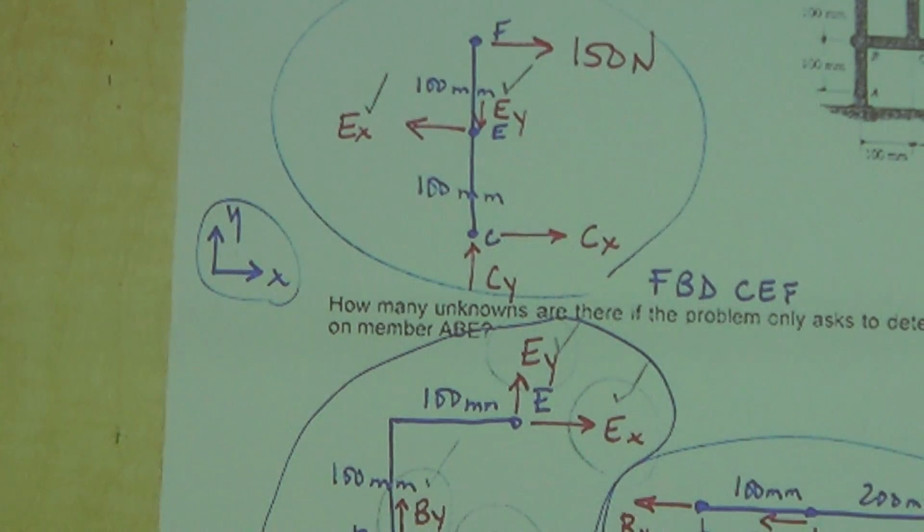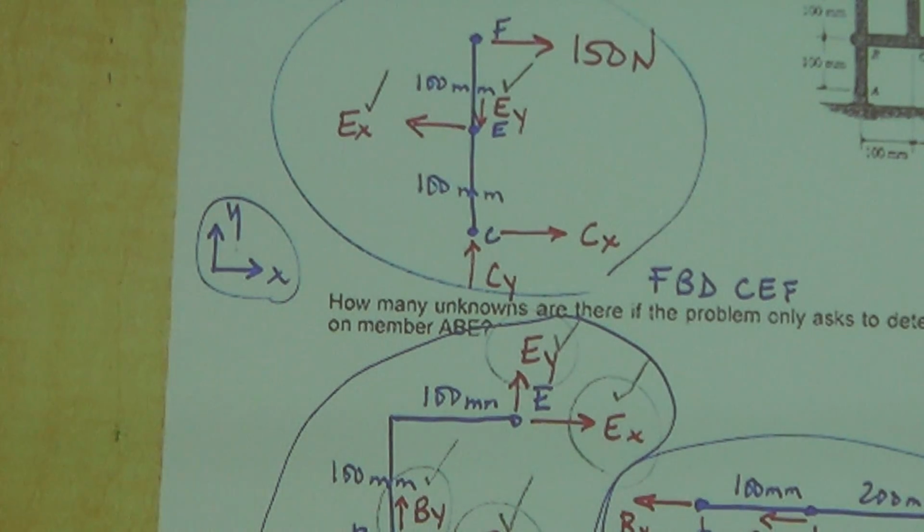Yeah, sum of the forces in the X finds BX, and we never had to find N. But we had to use a lot of free body diagrams, right? It takes time to draw free body diagrams. So you have to personally figure out, do you like drawing more free body diagrams, or would you rather do more equations?